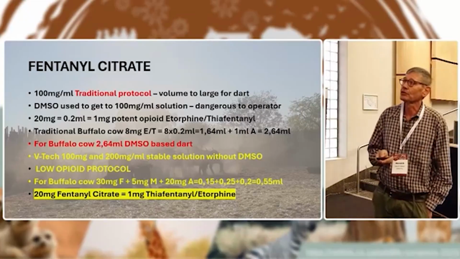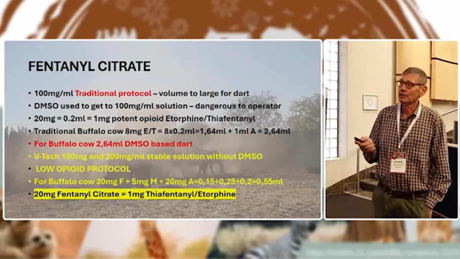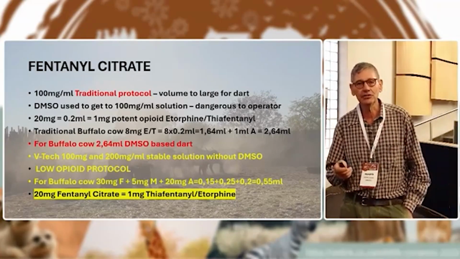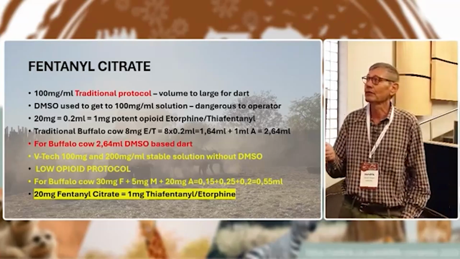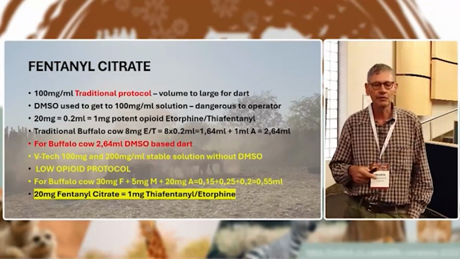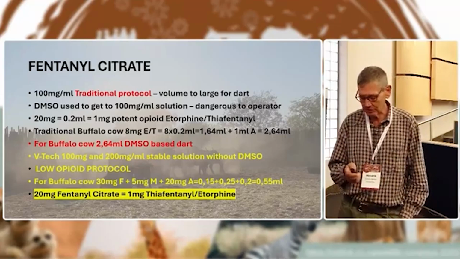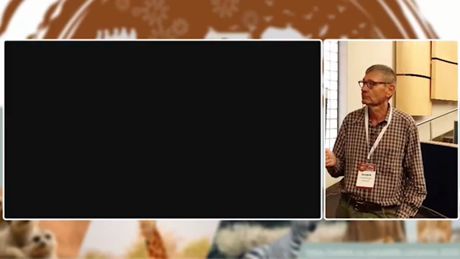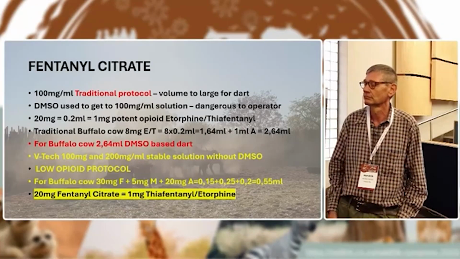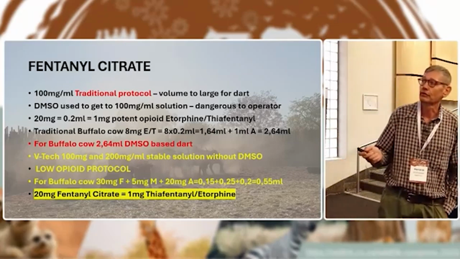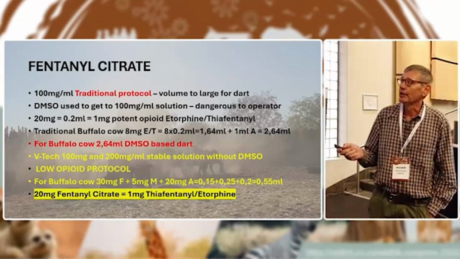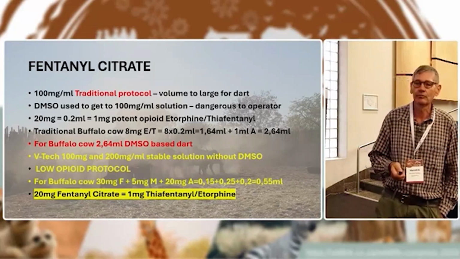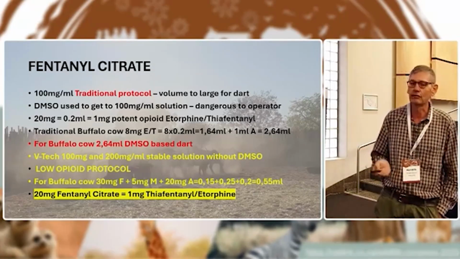In the traditional protocol, that will give you a 2.5 ml dart, still doable, but with the 200 milligrams per ml, we can fit in a dart for an adult buffalo bull darting from the helicopter in a 0.5 ml dart.